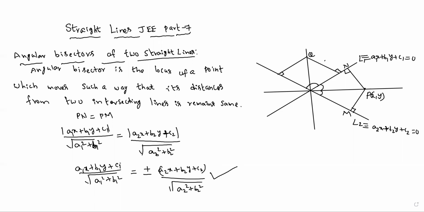Now next, how to identify when we have to take the acute angle bisector and when we have to take the obtuse angle bisector. We need to identify which one is suitable. Here, for example, we know the L1 line is a1x plus b1y plus c1 equal to 0, and the second line L2 is a2x plus b2y plus c2 equal to 0.